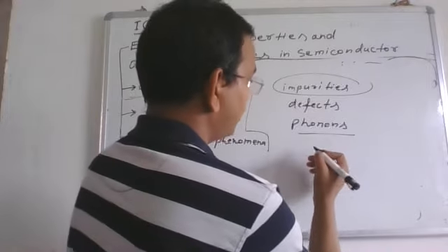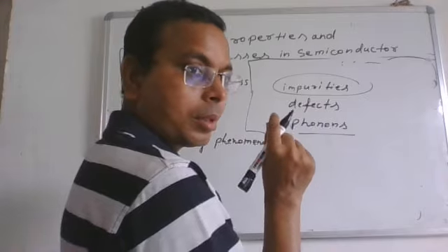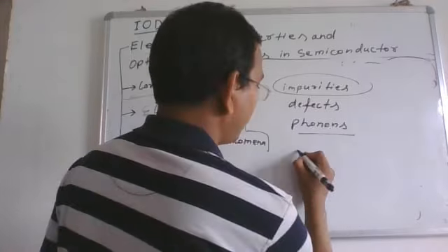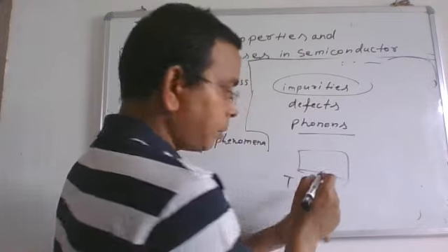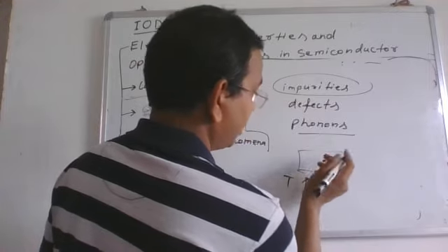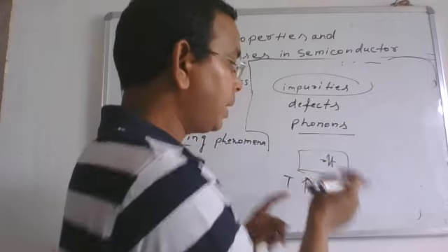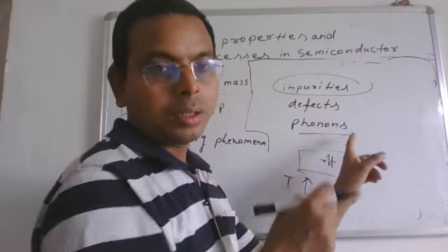It's nothing but the quantum, the smallest unit of lattice vibration. When a lattice is heated up, the lattice temperature increases, so atoms vibrate about their mean positions, and that vibration is measured in the smallest form, which is called the phonon.